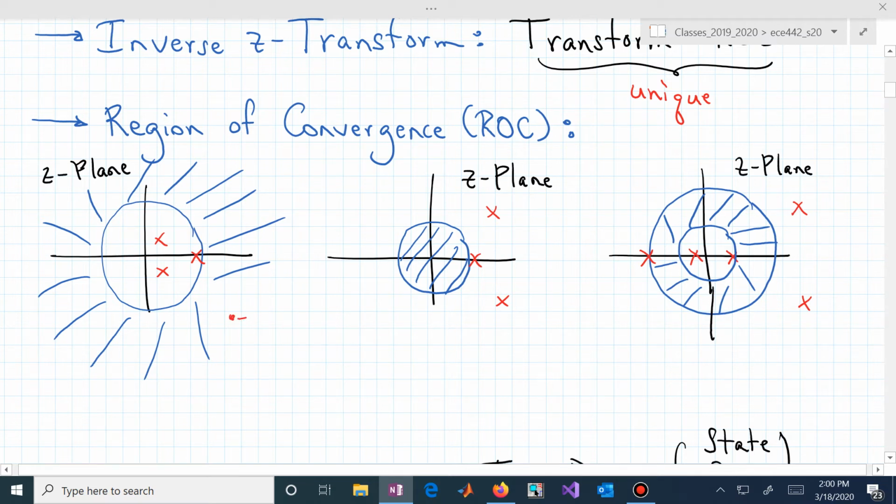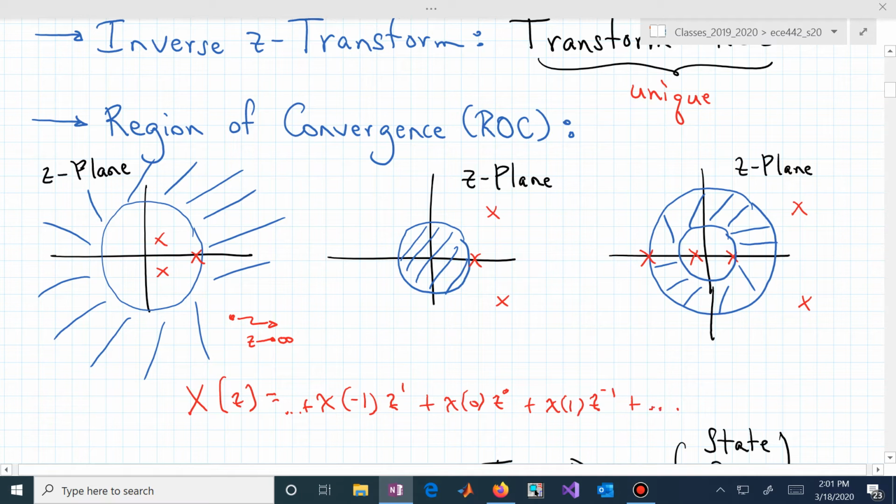We now have the fact that this point, we could allow this z to go off to infinity, and if you remember the series expansion structure for x of z, you now have x of minus 1, and this could be dot dot dot plus z to the 1 plus x of 0 z to the 0 plus x of 1 z to the minus 1 plus dot dot dot.